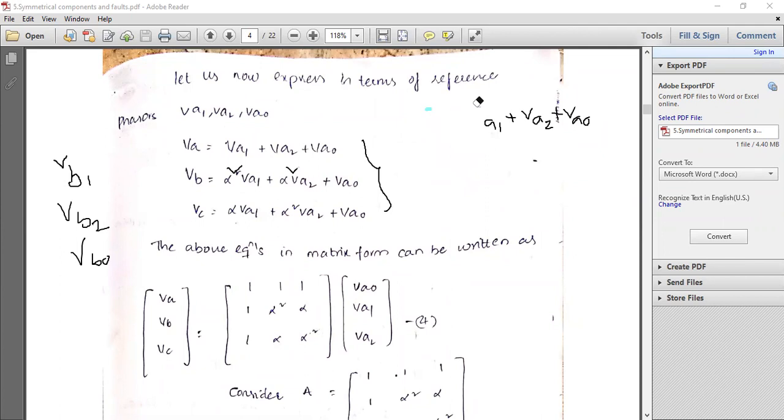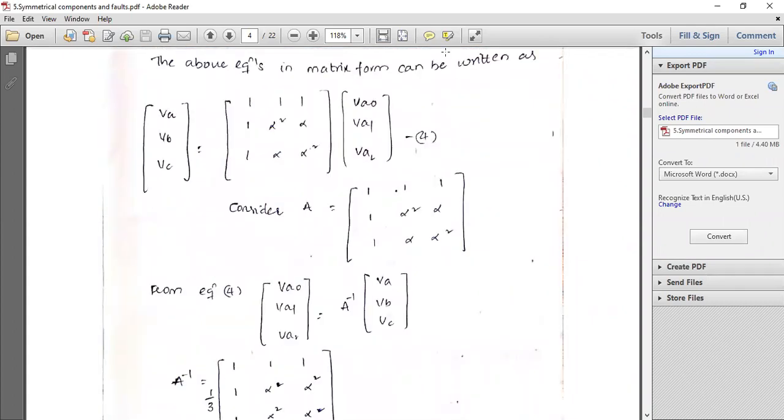Okay, and if you write the above equations in matrix form, you just see here. VA, VB, VC equals the matrix 1, 1, 1; 1, alpha square, alpha; 1, alpha, alpha square, multiplied by VA0, VA1, VA2, right?